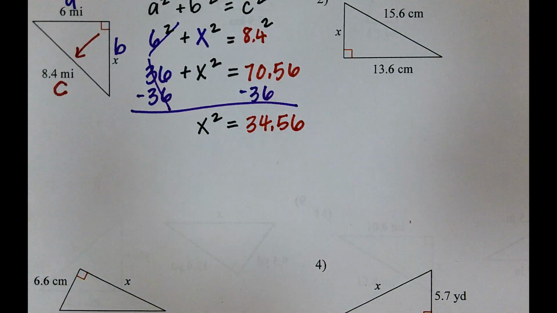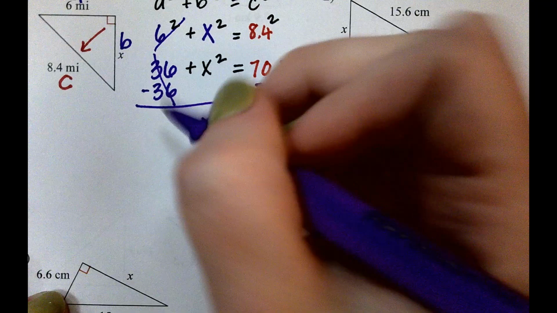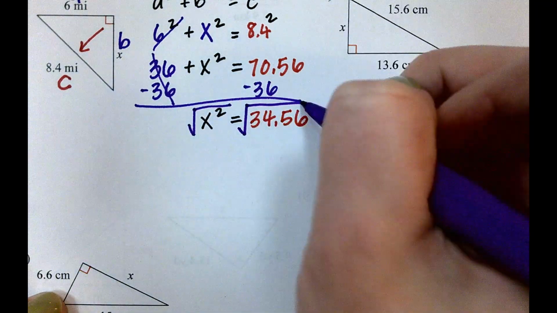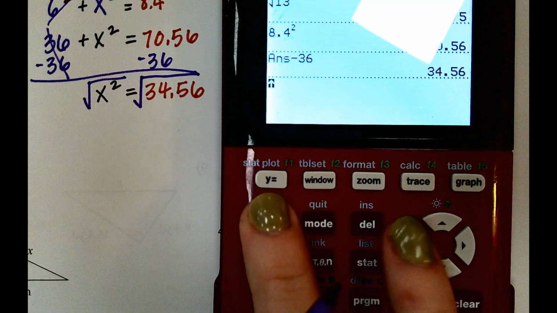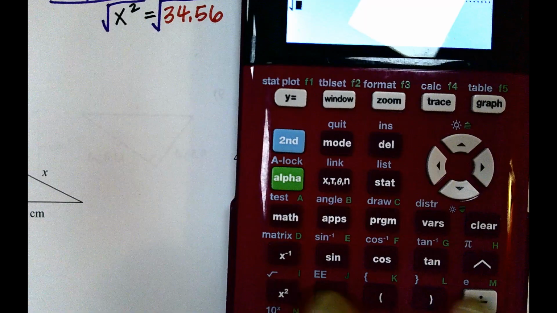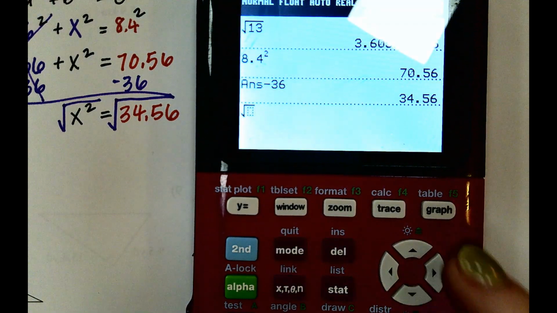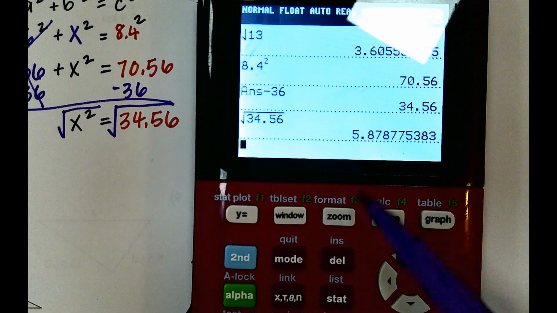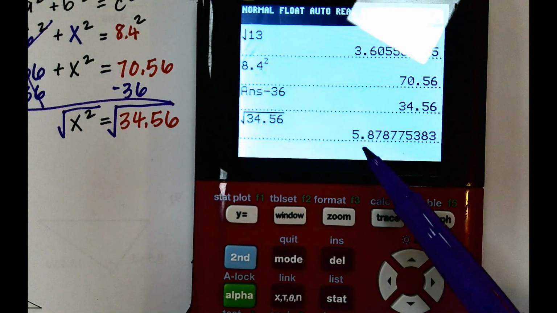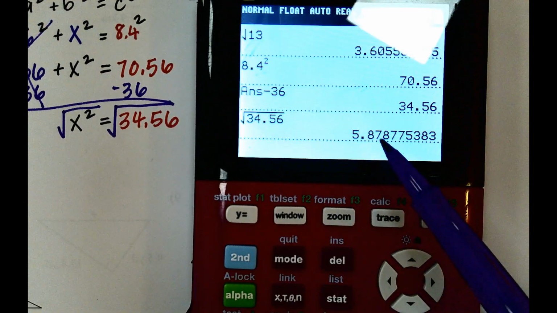Okay, so now I have x squared but I want x, so I'll take the square root. We'll start with the second button, x squared, to give us the square root, and then 34.56. Let's say 5.87, so it'd be 5.9. You could write 5.9, you could write 5.88 if you want to round up, you could write 5.87.